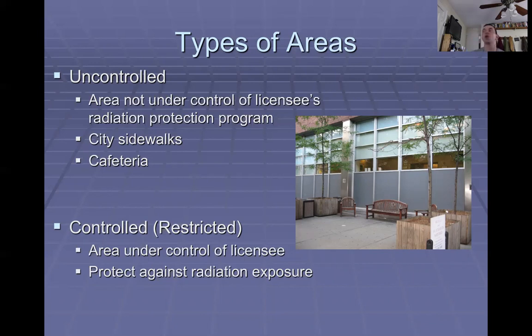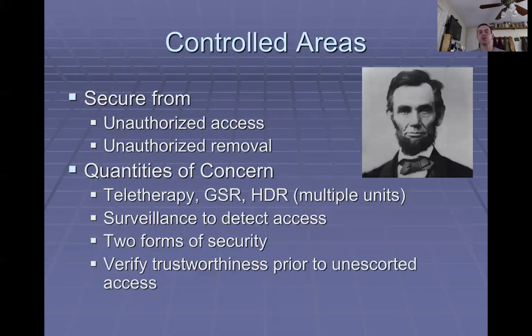But generally the controlled areas are where we have staff with dosimeters. We have more active therapeutic uses of radiation, higher levels of radiation. You have higher limits for levels of radiation, because in theory there are only occupational workers there. There are no members of the public in these areas unless they're there for a reason like receiving therapy. So for controlled areas, you want them to be secure from unauthorized access and unauthorized removal.